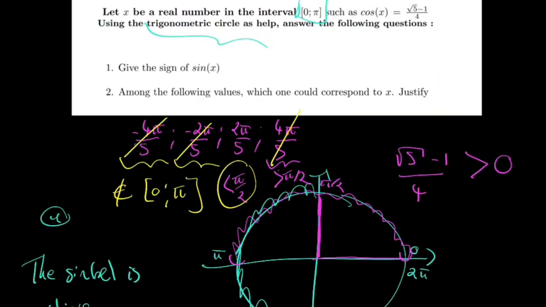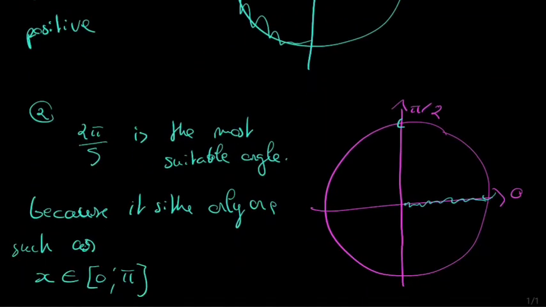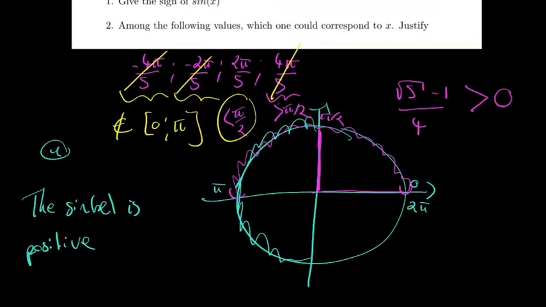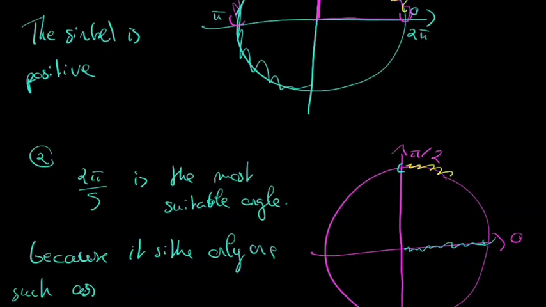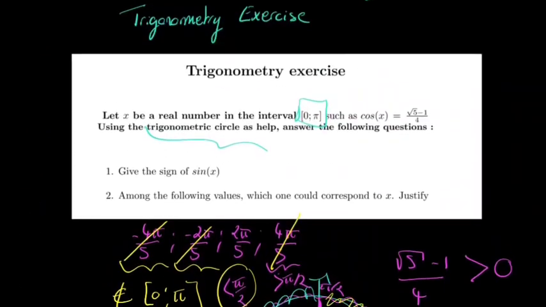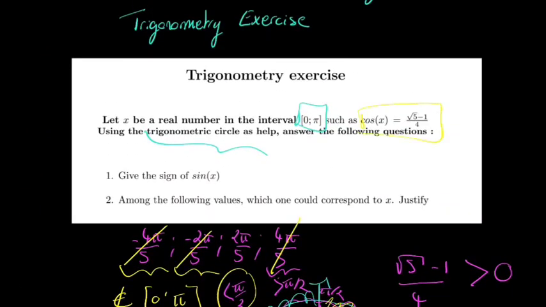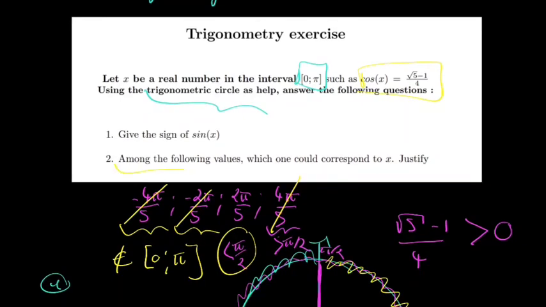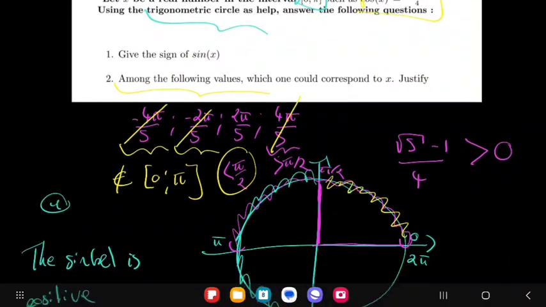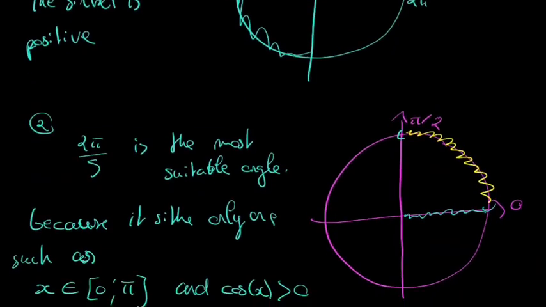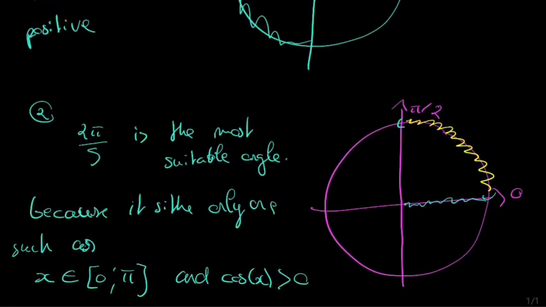With this condition we eliminated the two first, and then to have a cosinus strictly positive because it is in this part of the trigonometric circle. Maybe it does not satisfy the equation, but, and this is the question, we have to choose, and this is the most suitable angle within the selection we are given.